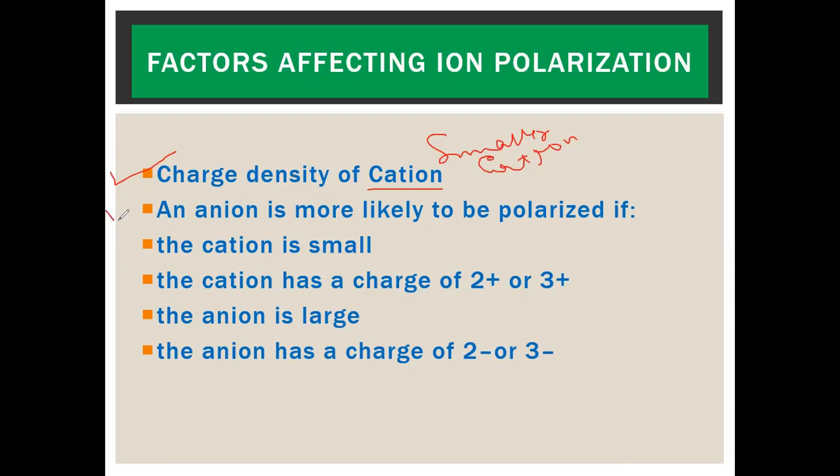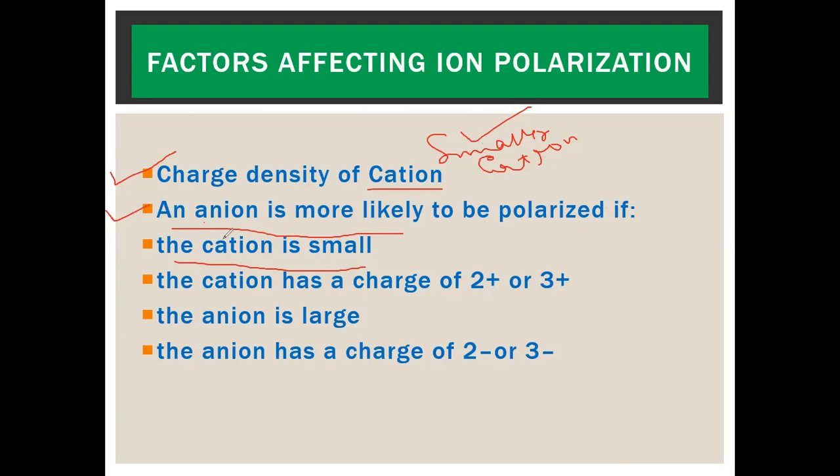Second, an anion is more likely to be polarized if the cation is small. Again, the same thing. Smaller cations have a large charge density. They have a tendency to attract the electronic cloud of the anion more. They cause more polarization, more disintegration, more distortion in the electronic cloud of the anion, right?